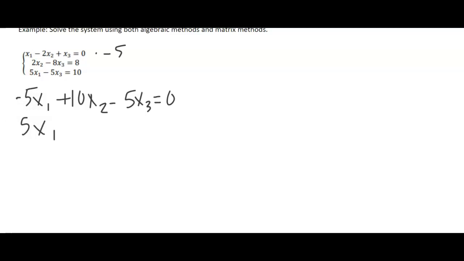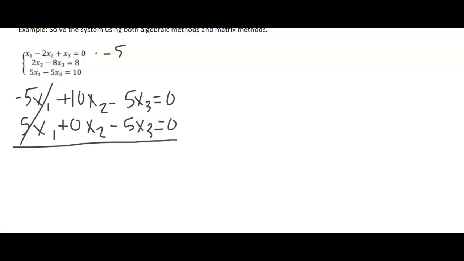So the way in which we would solve this system with algebraic methods is we could multiply this first equation by, let's say, -5. So we could say -5x1 plus 10x2 minus 5x3 equals 0. And I really only want to carry through here that bottom line.